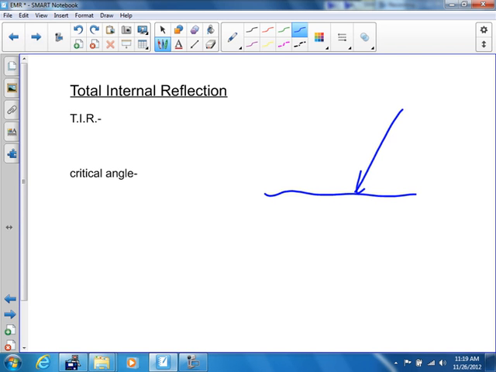It's going to change speed, and as a result of that changing speed, the direction of that rock will also change as it goes into the water, but it's still going to go into the water. If I increase the angle as measured from the normal line at which I throw that rock to a great enough degree, what's going to happen to that rock? It's going to skip. It's going to reflect off.